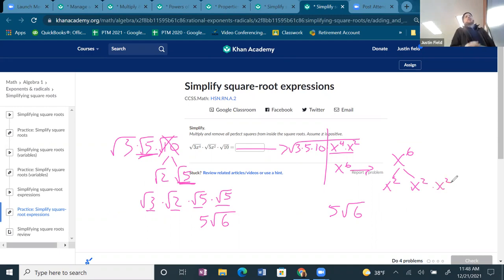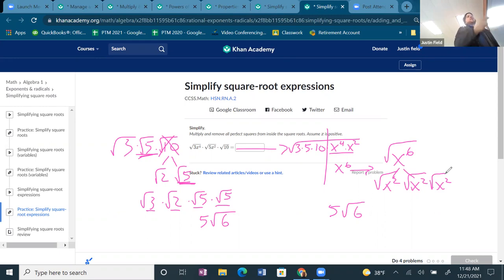That would be the square root of x to the 6th is the same as 3 x squared, right? Because using the product rule, we add exponents when we multiply terms. So multiplying these 3, you would add their exponents. 2 plus 2 plus 2 is 6.